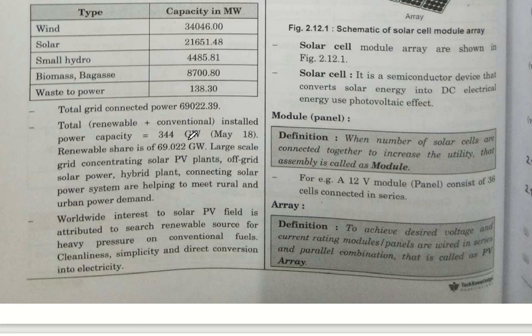So what is a solar cell? It's nothing but a semiconductor device which converts solar energy into DC electrical energy with the use of the photovoltaic effect. Now what is a solar panel? It is nothing but a collection of multiple solar cells. Here you can see when a number of solar cells are connected together to increase the utility, that assembly is called a module or panel.